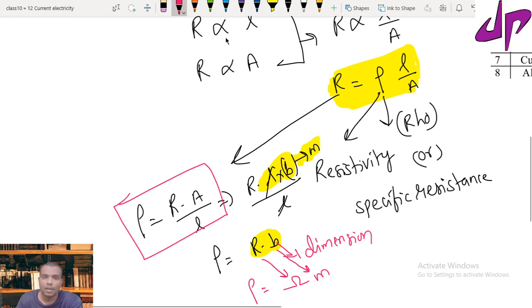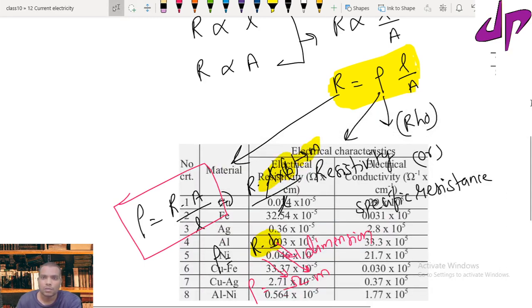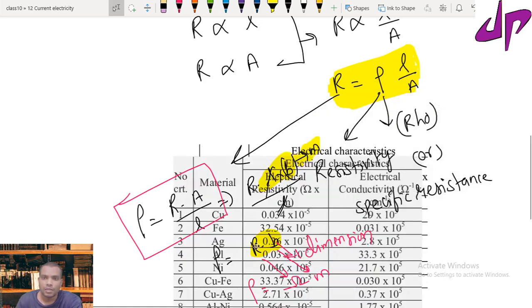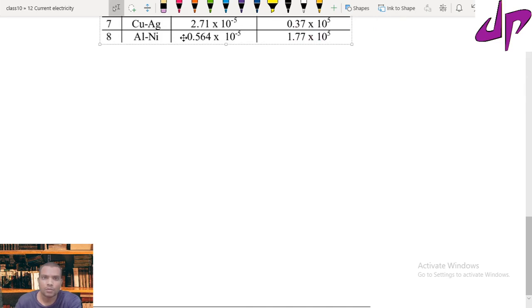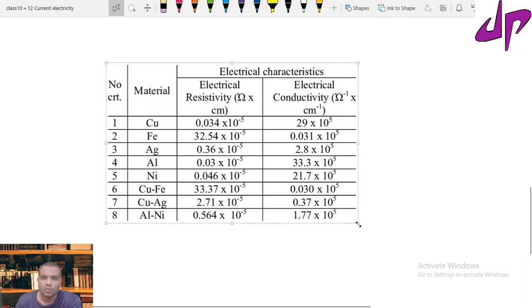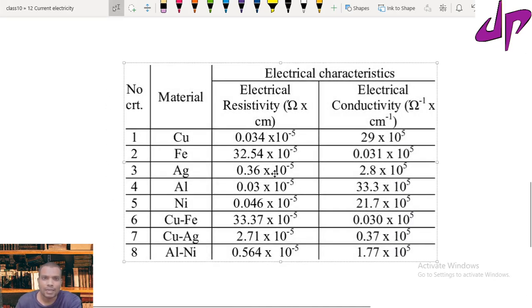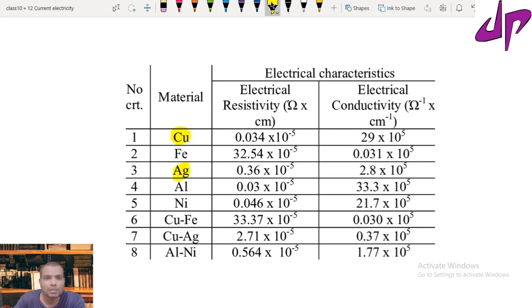Here I have a certain table. Before looking at the table, let me tell you about the conductors and their electrical character. We know the best conductors are copper, iron, silver, aluminium and nickel. These are metals.